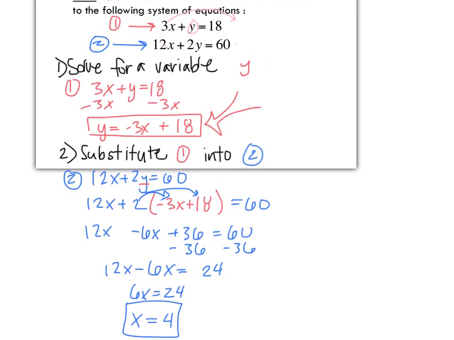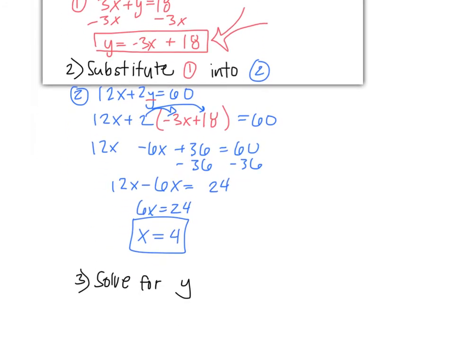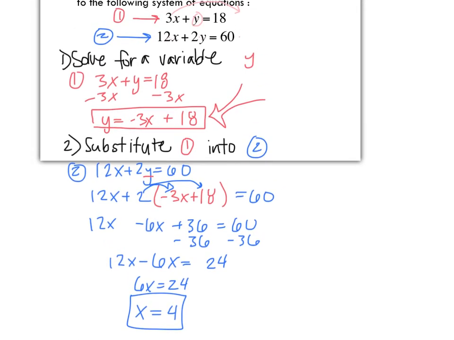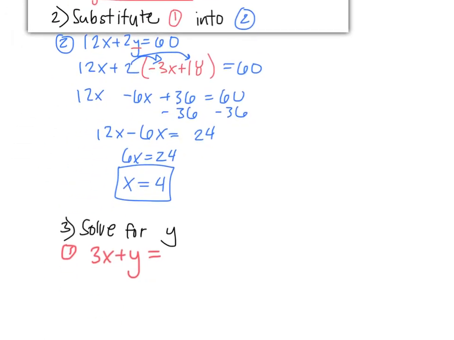I'm going to plug into the first one because it looks simpler. So let me write it down again. Equation 1 is 3x plus y equals, who remembers what it equals? 18.